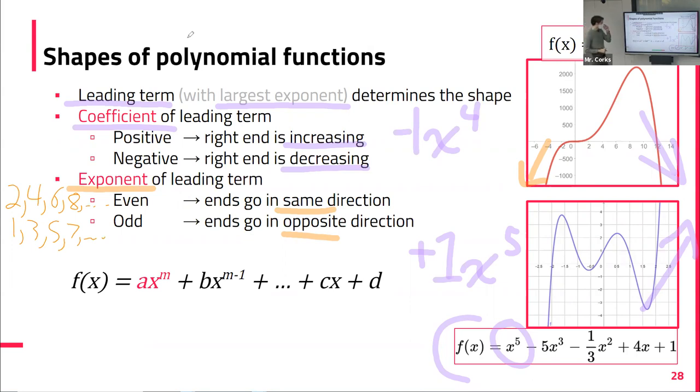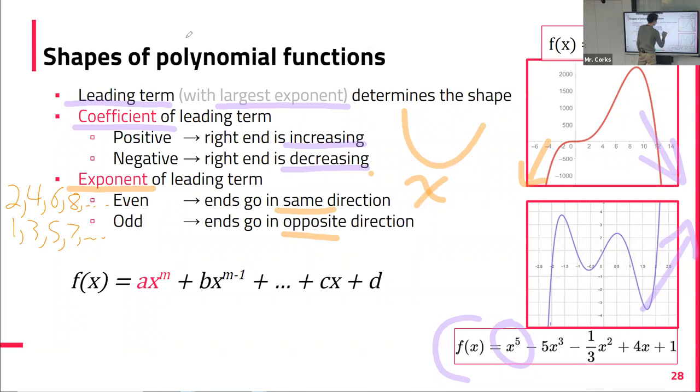All right, I'll just quickly explain why the exponents do that, and then we'll look at some practice examples. So if we just imagine a very simple function like y equals x squared.